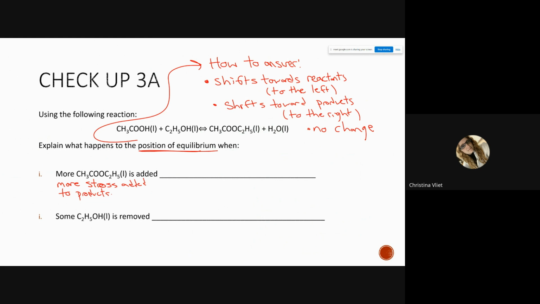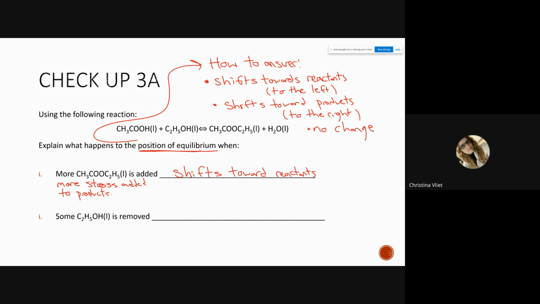If more stress is added to the products, the system will restore balance by making more reactant. So the answer to our question is shifts toward reactant. And are you also allowed to say shifts to the left instead? Yes.